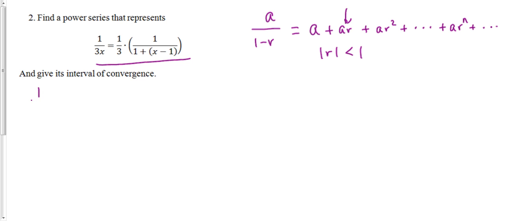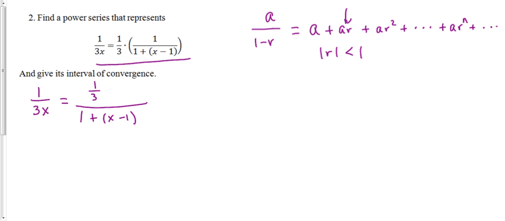We're trying to find a power series for 1 over 3x. And I'm going to do something a little different for the hint, which is I'm going to put the 1/3 in the numerator. And then the hint says this is 1 plus x minus 1. But this isn't quite a over 1 minus something yet.